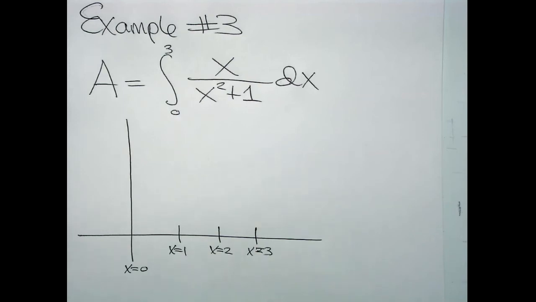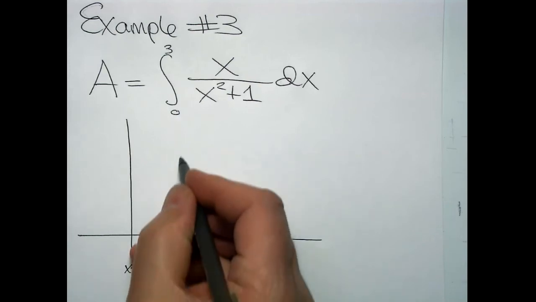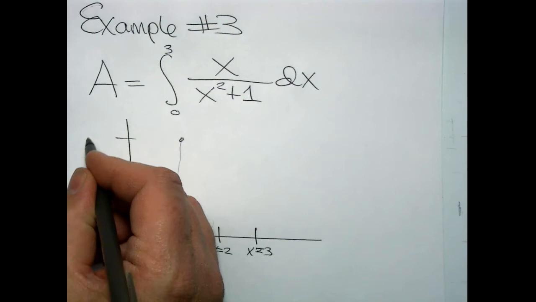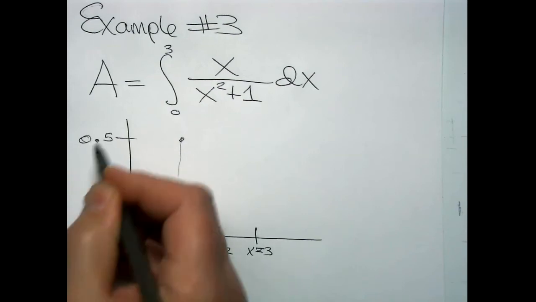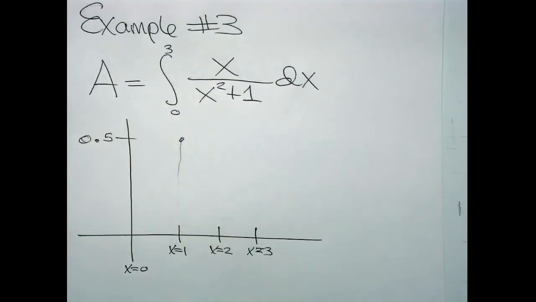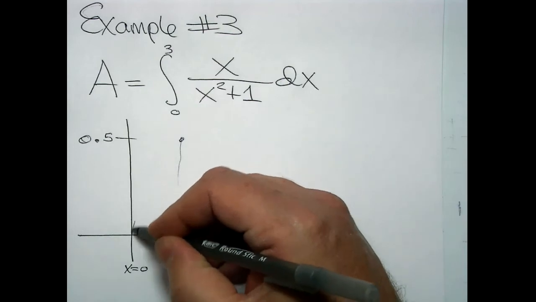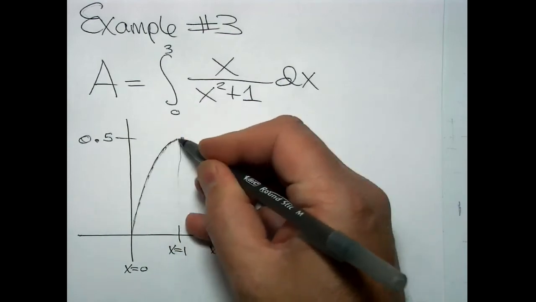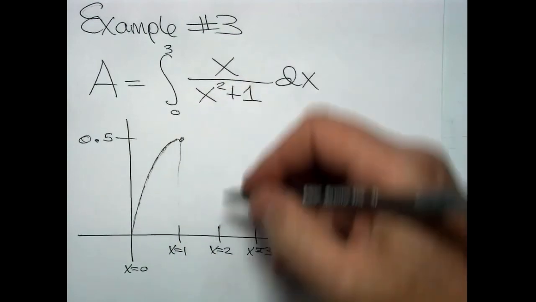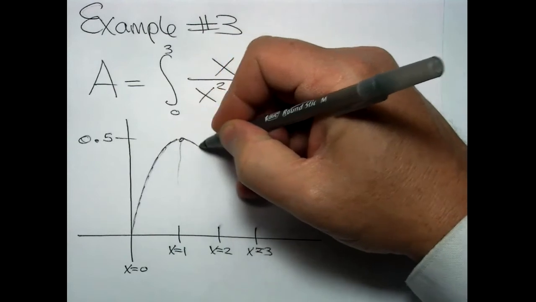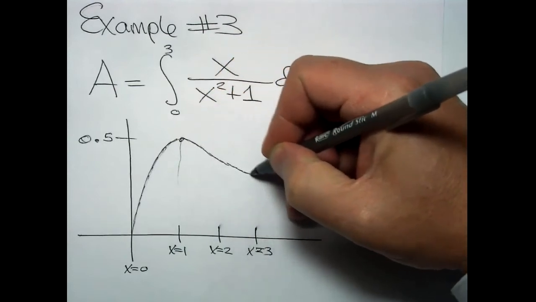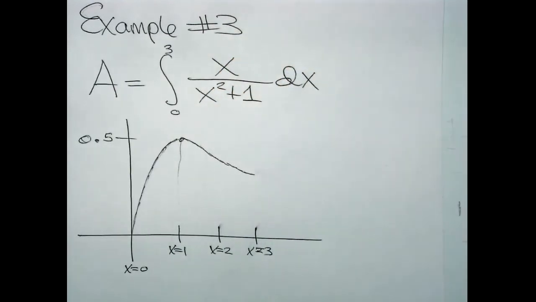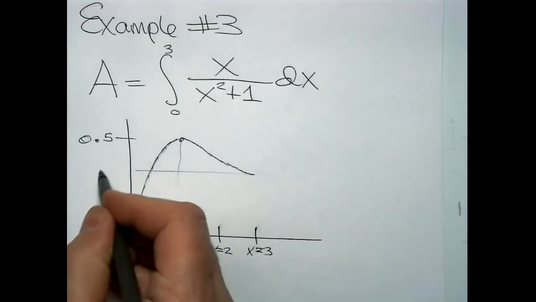It turns out that this function peaks at about a half, and that's right about here, a half in y. And so it rises up, peaks at about a half, and then from there it comes down, but not so much. It comes down to roughly about 0.35 or something like that.